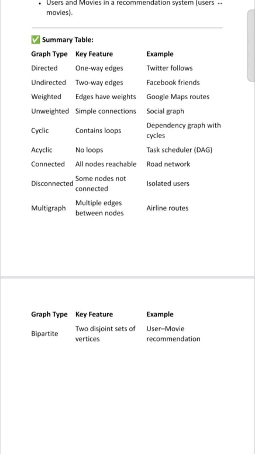In the multigraph, multiple edges between the same two nodes follow the relationship between them. The example for that is airline routes, which contain multiple routes.